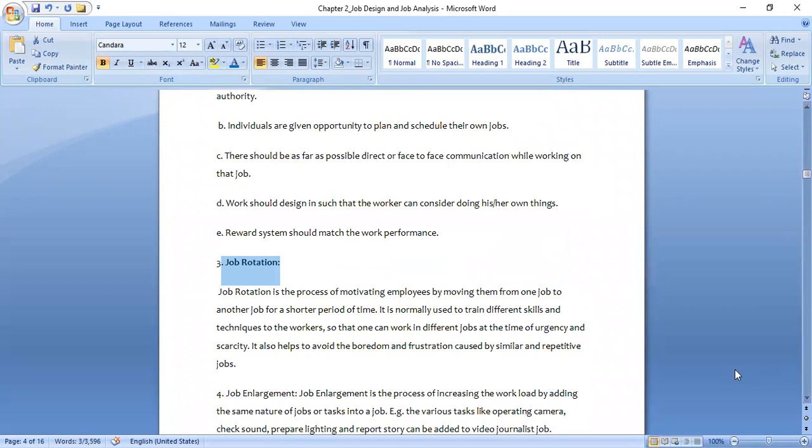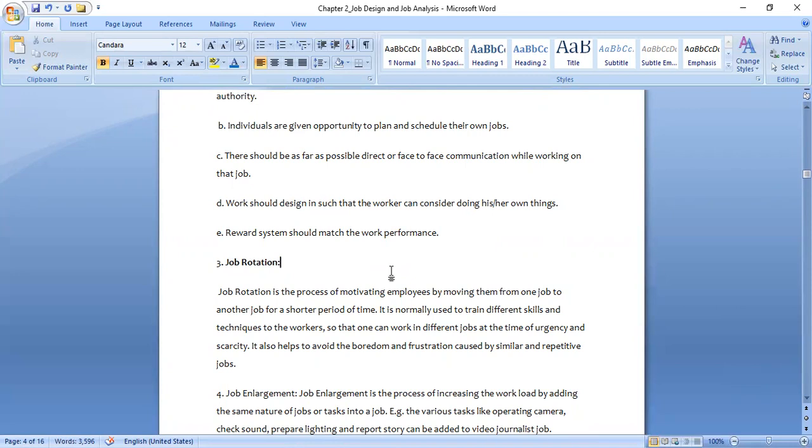And then job rotation. Job rotation here, we mean that the worker can be transferred from one position to another to do different tasks, not left in one place to do one specific task, but you keep on changing them to do different tasks, you rotate around.